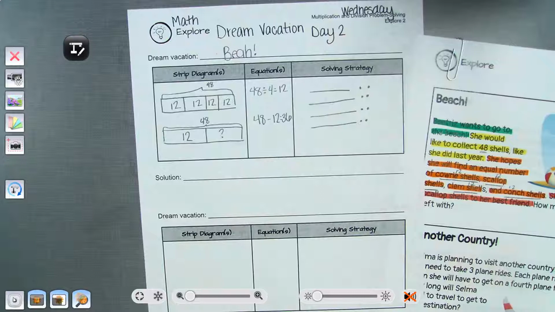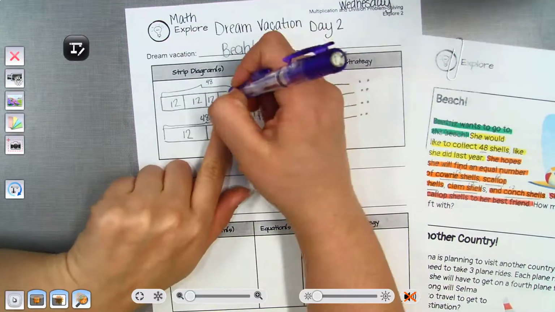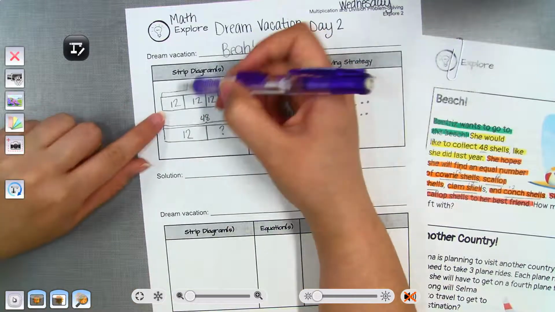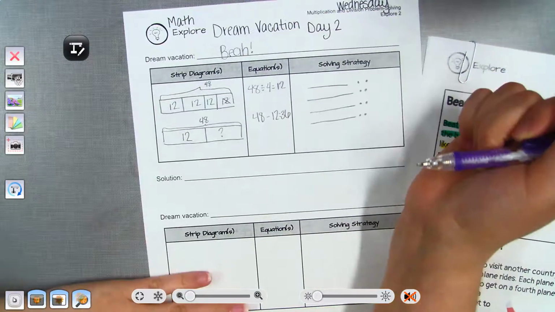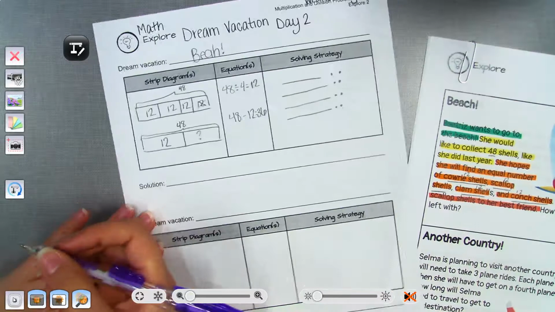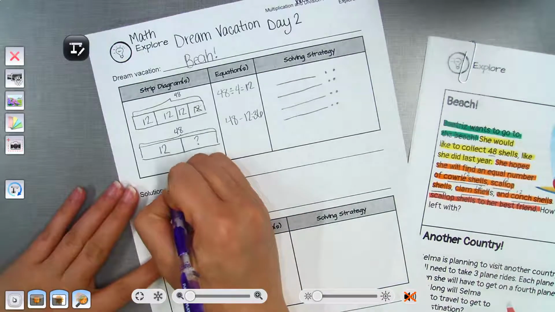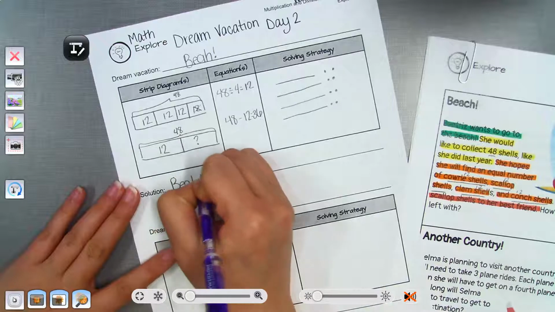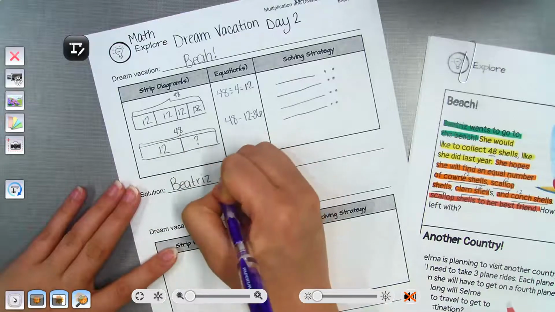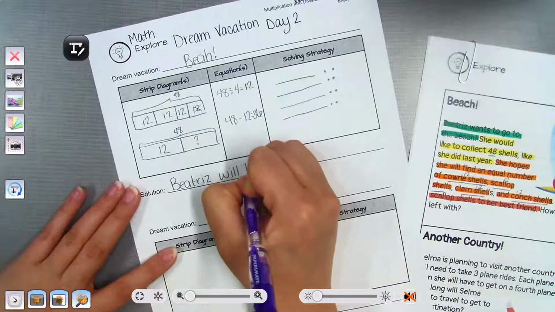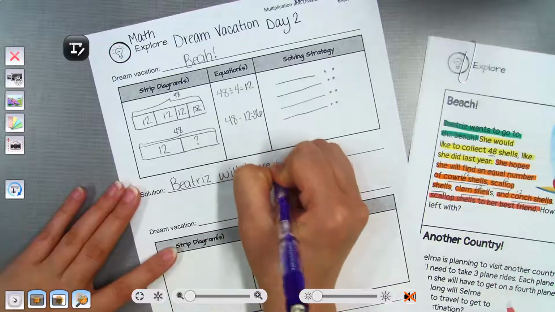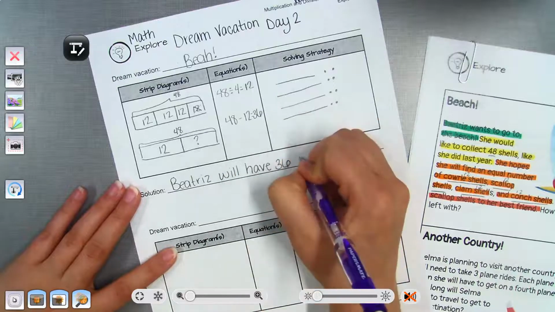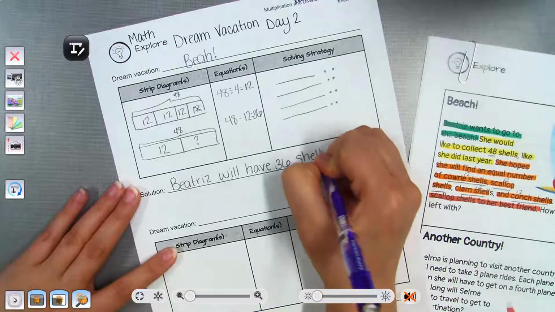Okay. And I could have done it up here. I could have just marked one of these out and I would have had 12 plus 12 plus 12 is what we did. Okay. So that means she would have, Beatrice will have 36 shells left.